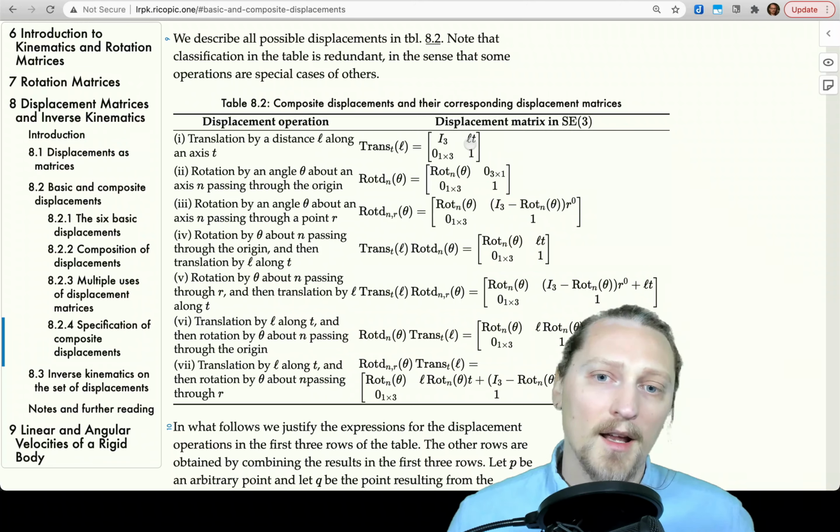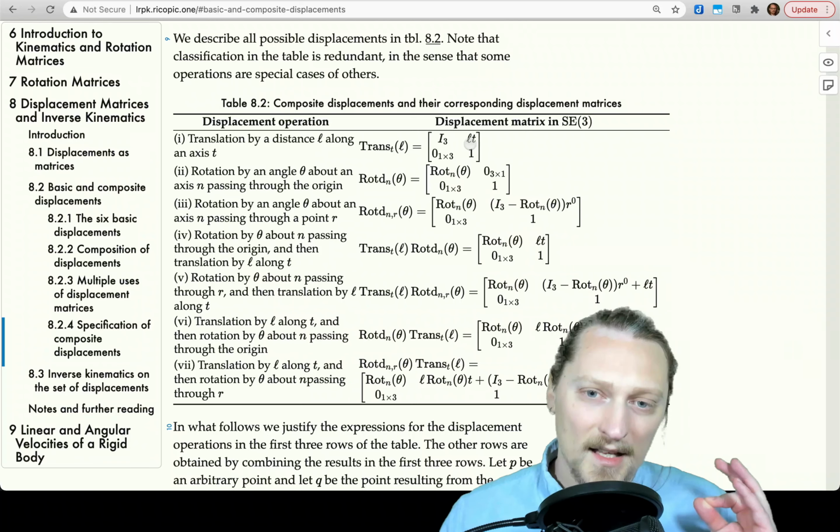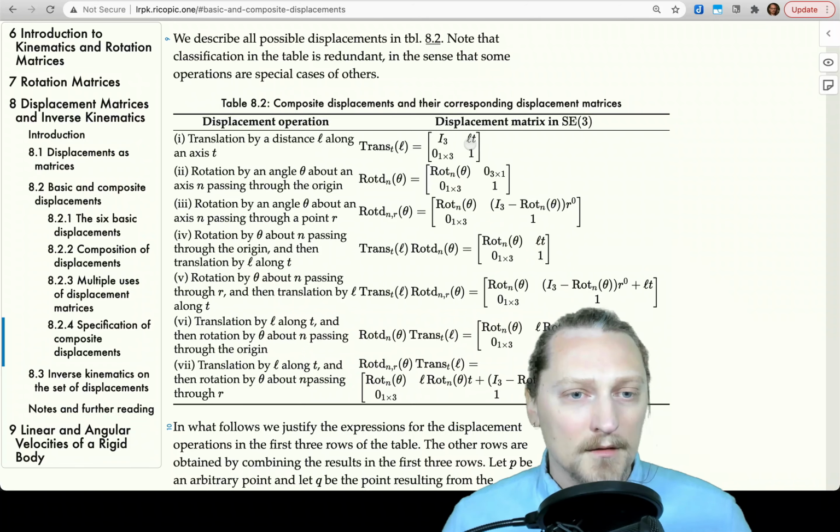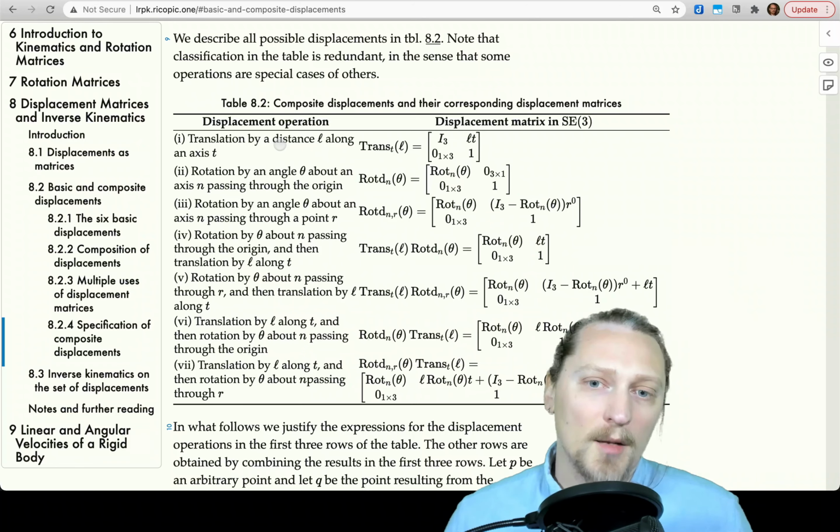If we multiply L by the unit vector T, we will displace that distance in the direction of T. So that's the first one, straight up translation.